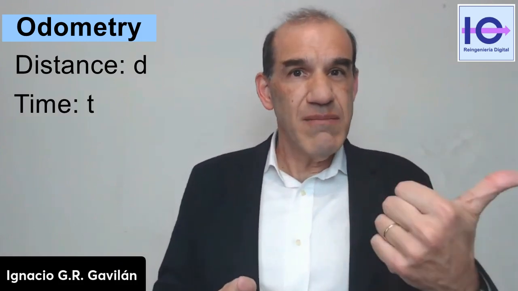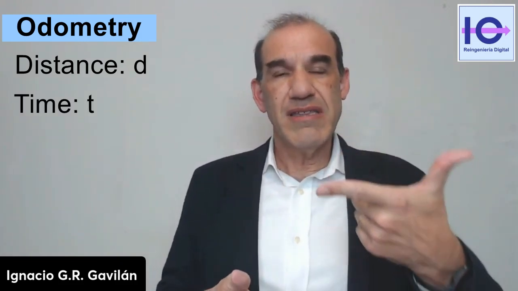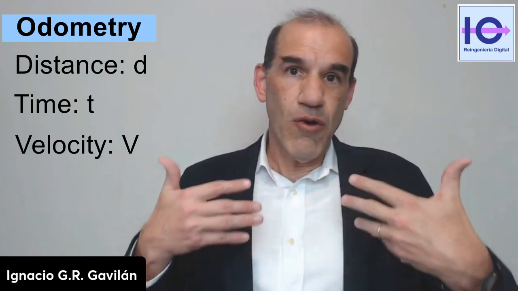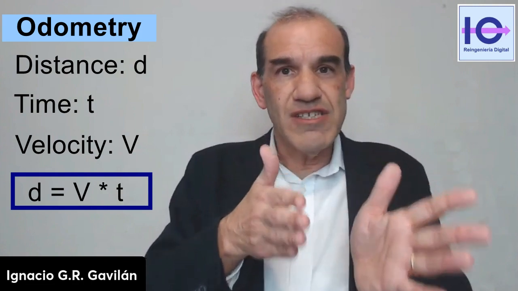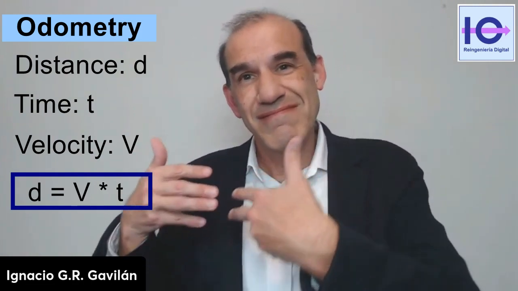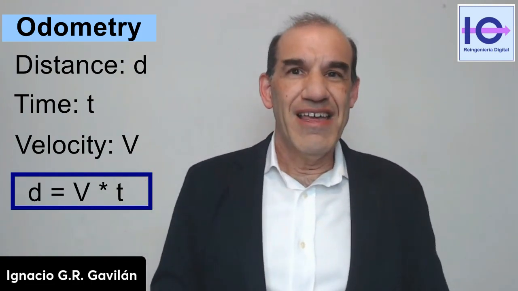First, they estimate time, estimate speed, and then compute distance as velocity or speed times time. So we need to measure time and speed or velocity.